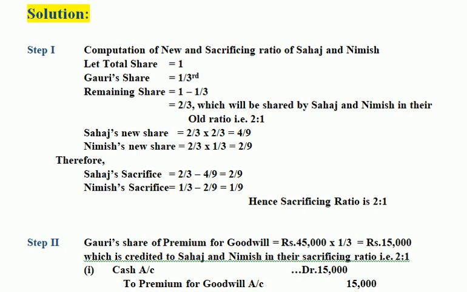So to find out the capital of Gauri, we have to do the entire working till we close the capital of old partners in the partners' capital account. That means till you arrive at the adjusted capital of both the old partners, Sahaj and Nimish. By adjusted capital, I mean their balance c/d which comes on the debit side of the partners' capital account.